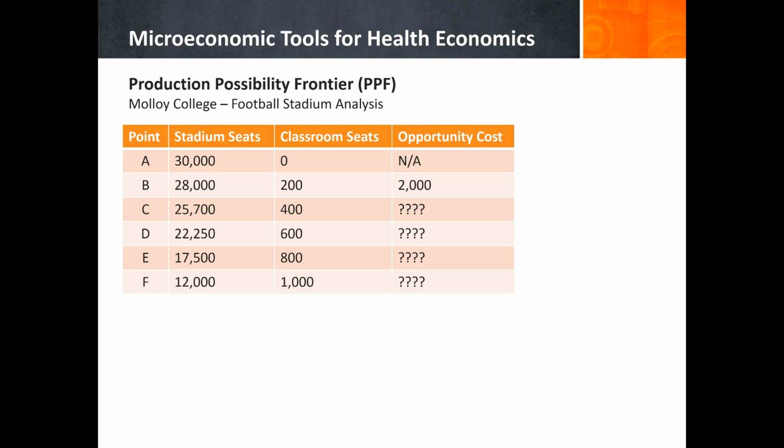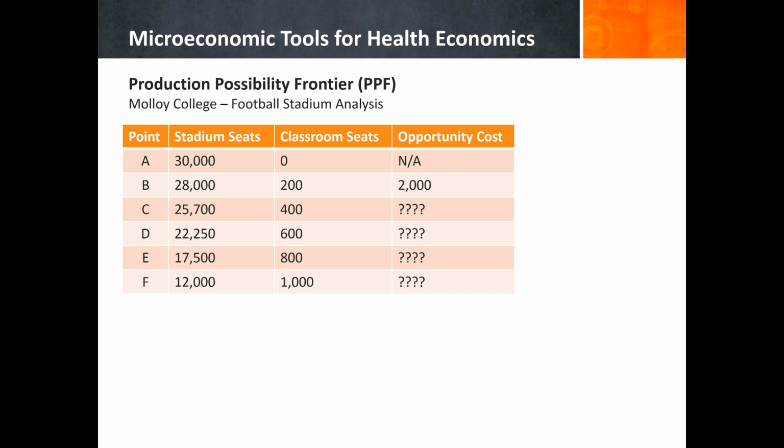Because if they build the football stadium, it will limit the amount of space they have for classrooms. So they have to think about the revenue that they'll make from football games versus the revenue they'll make from having classrooms, right?